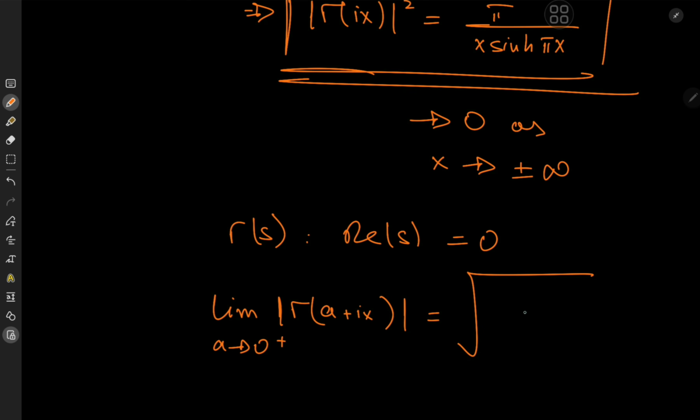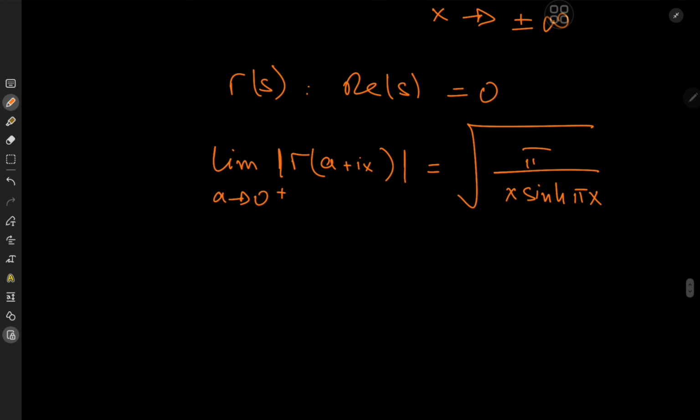This thing equals root of pi over x times sinh of pi x. Thank you, continuity of the gamma function. And this thing does indeed approach 0 as x approaches plus or minus infinity. Okay, cool. This is awesome so far.